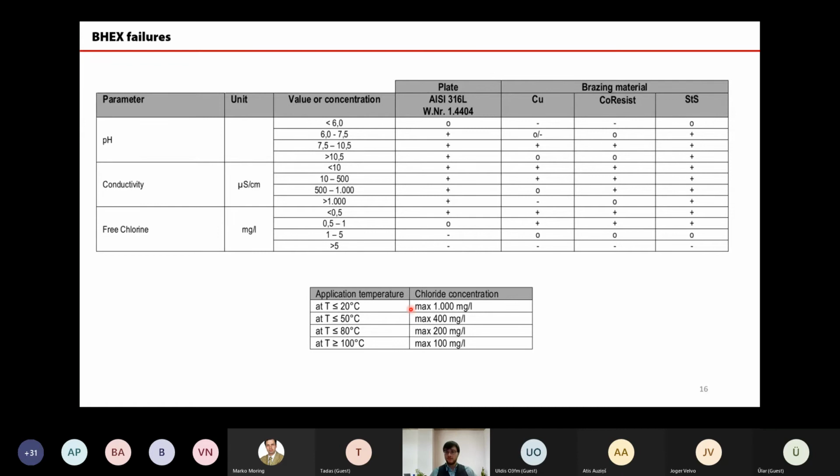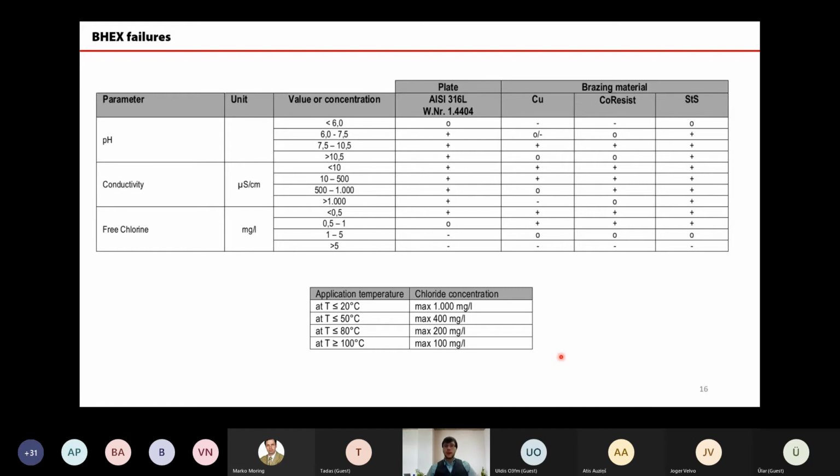That's why if I take, let's say, a classical winter case, when my supply temperature will be 100 to 110 degrees, that means on the upper part of the heat exchanger, the temperature of the heat transfer surface of the heat plate will be around 80 or more than 80. That means in winter, technically, because of higher supply temperature and higher average wall temperature, you see my maximum chloride concentration should be limited to 200 milligrams per liter.